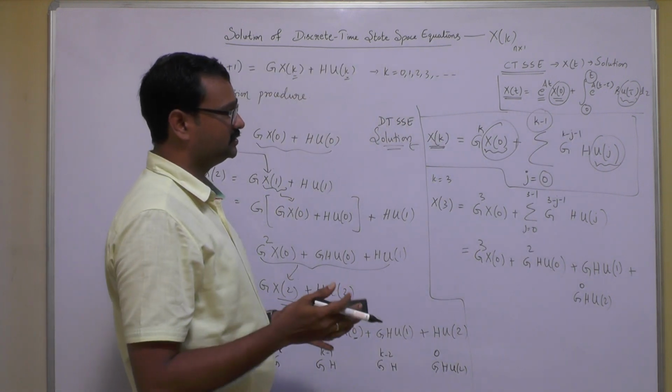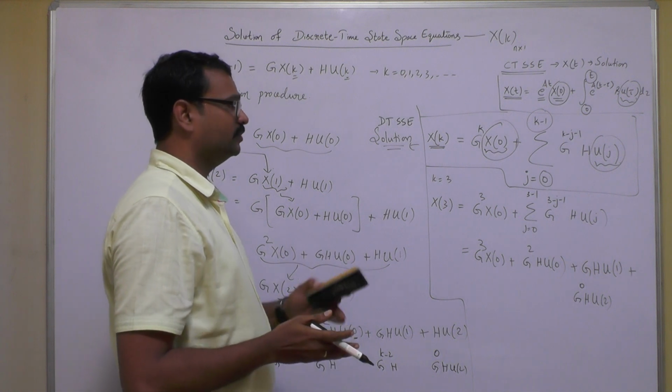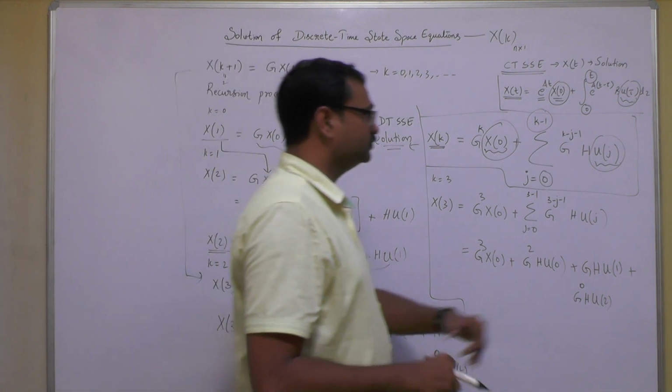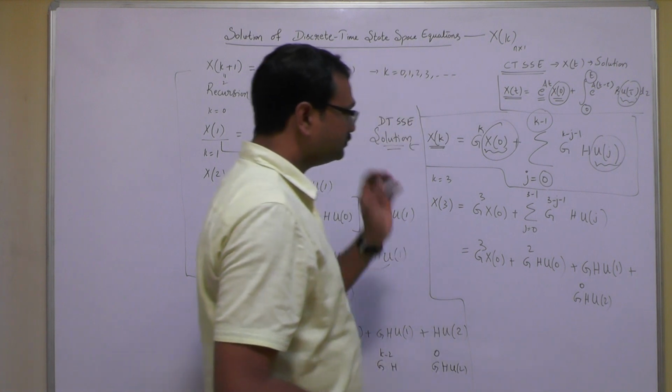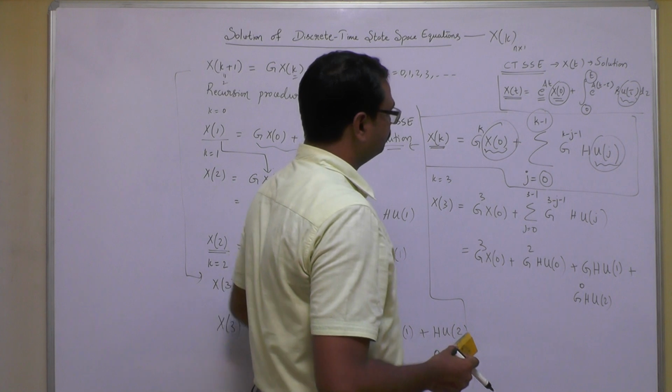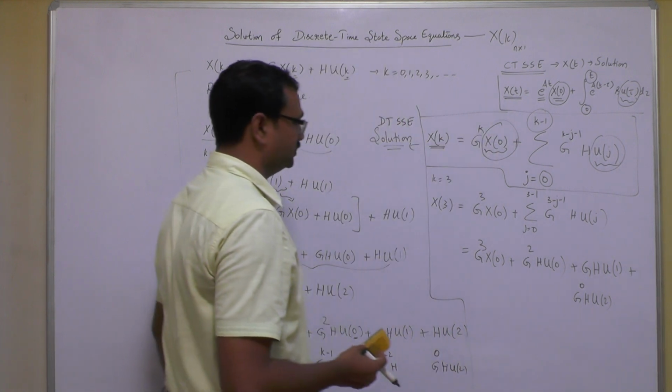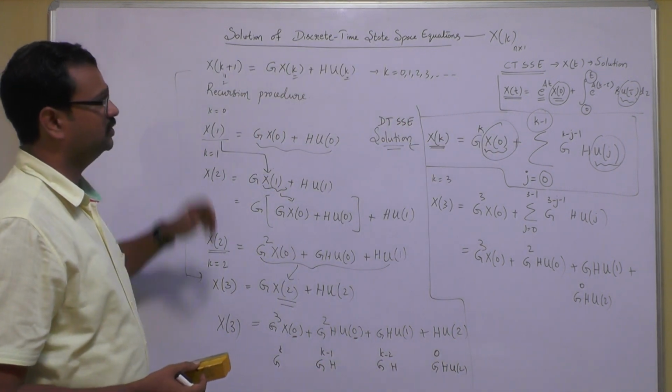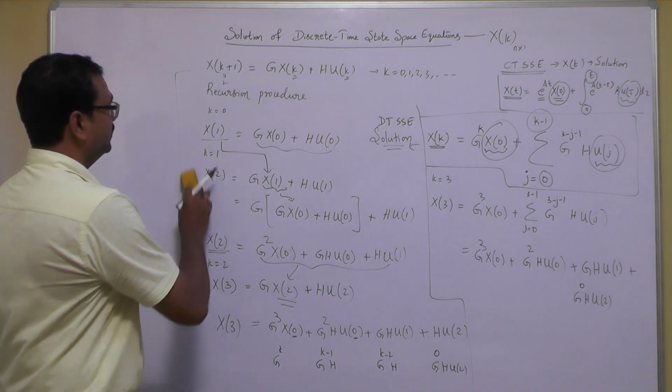When you want to find the value at a particular instant, you require the values of the input up to that time. So you are getting these two relations in a similar way. So this is the solution for the discrete time state equation.